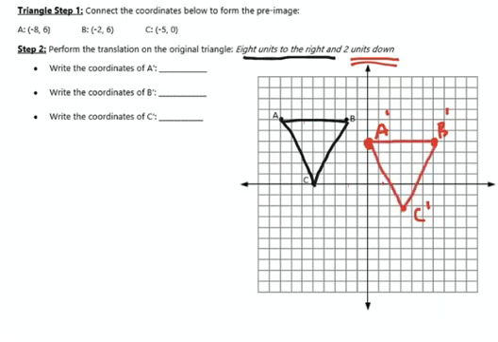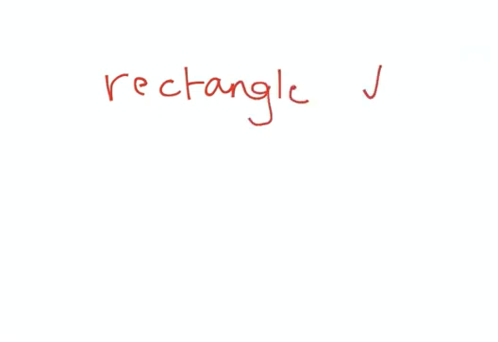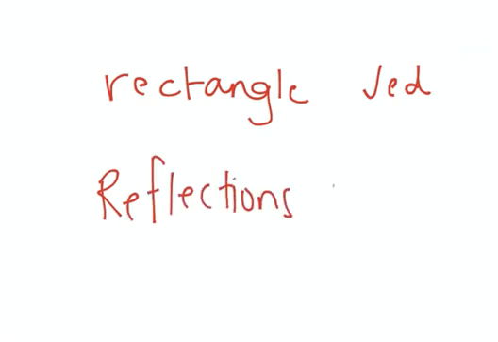And you see that you have your triangle just translated. Okay, so then what I would like you to do is write down the coordinates for A prime, B prime, and C prime right here. You can do that on your own. And then I would like you to try the rectangle at the bottom. Get it checked. And then move on to reflections. Good job.